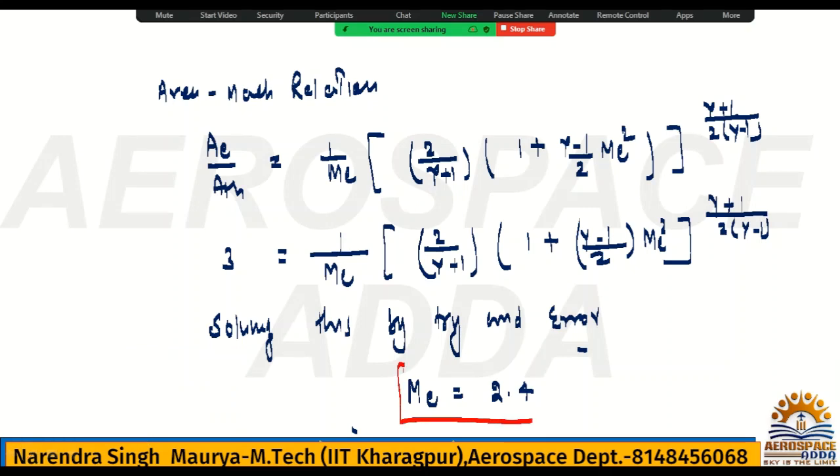So this is the Mach number at the exit, you have the exit Mach number now. Now, as I told you, you can write the value of exit velocity.